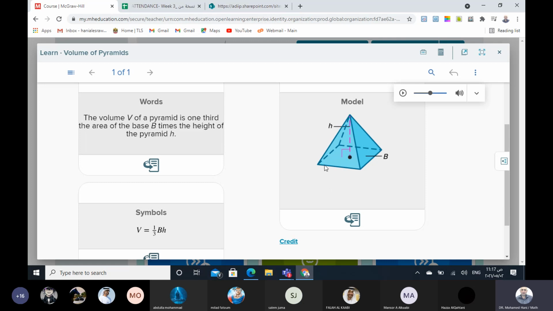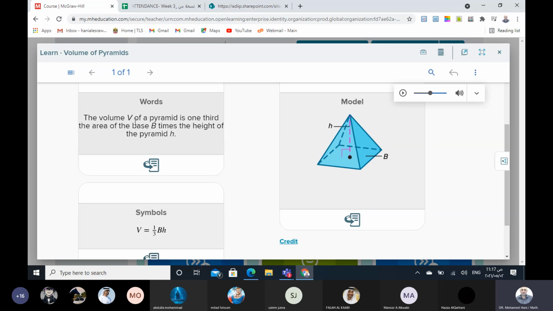As you see, the base has four sides, which means we have four faces. This is the first face, a triangle, here the second face also a triangle, here the third face also a triangle, and here the fourth face also a triangle. So this is the meaning of the pyramid.